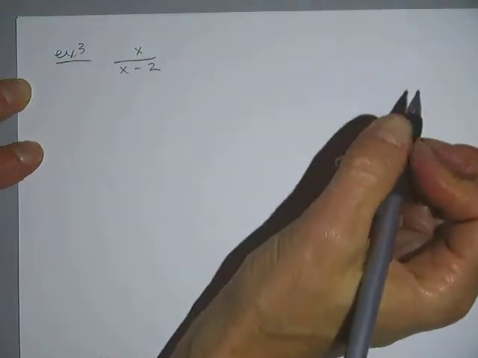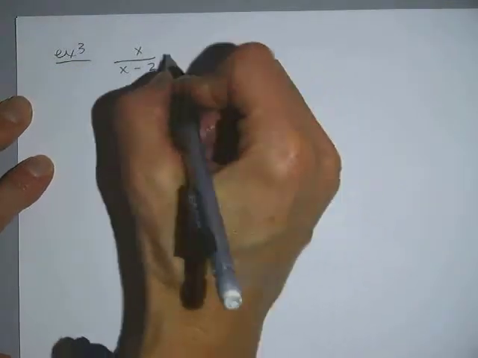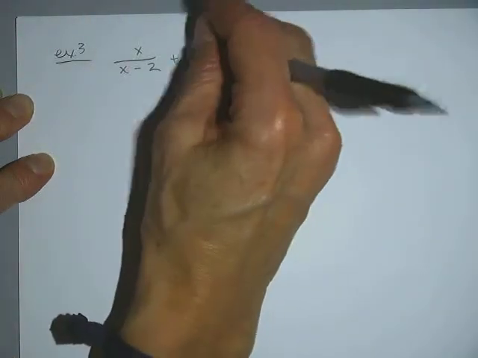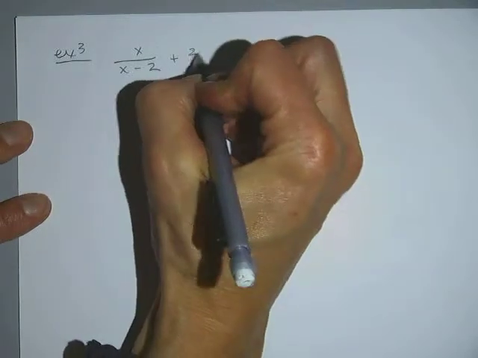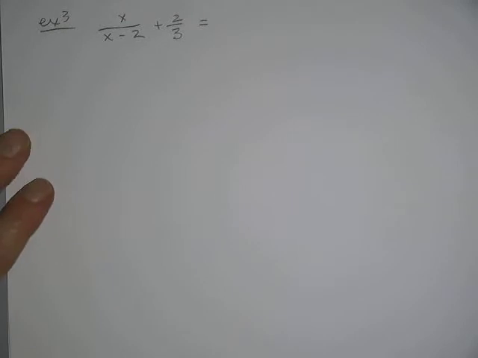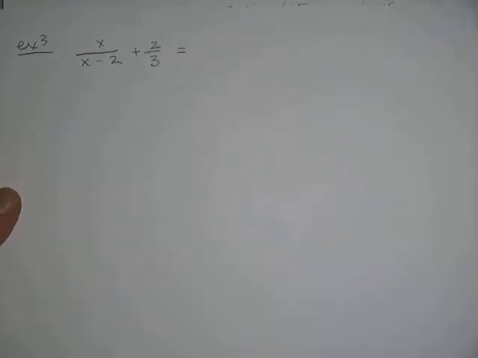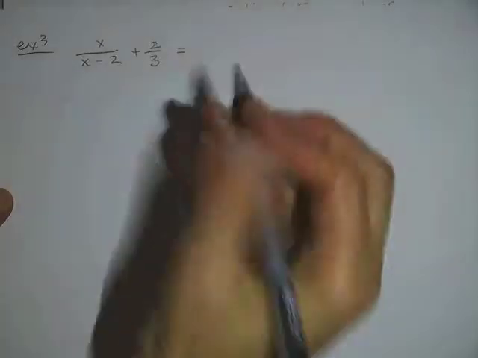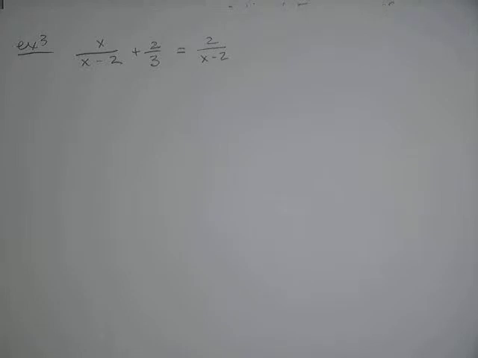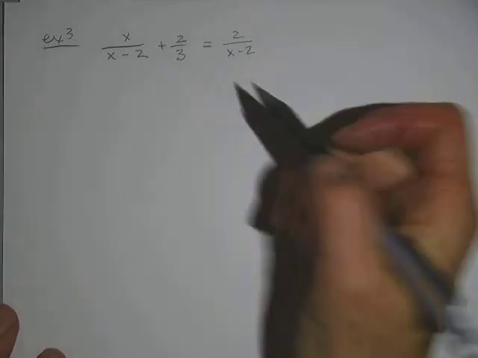Let's say that I've got x over x minus 2. Oops, sorry. And then it equals... So you have to look at all three denominators.